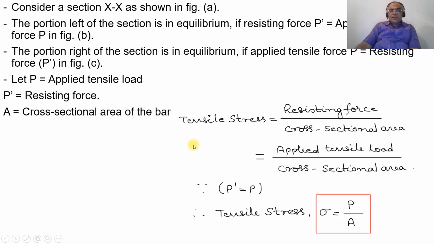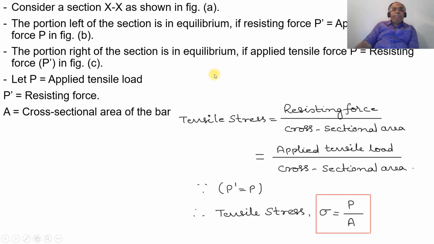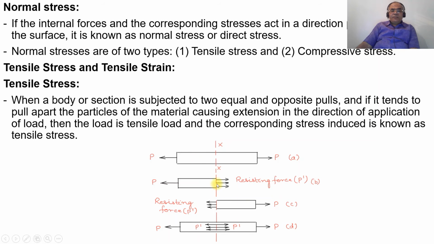The portion left of the section, so now we are considering this section, is in equilibrium if the resisting force P dash is equal to the applied force P in figure B. That means this member is in equilibrium only when the resisting force P dash is equal to the applied load P. How?